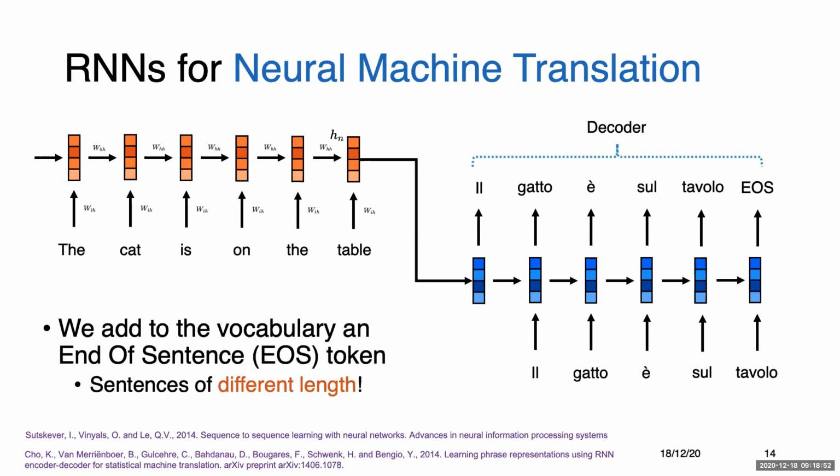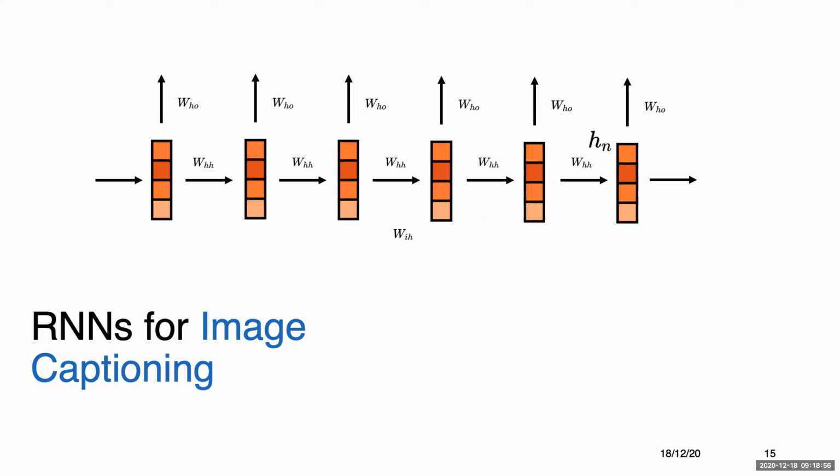So let's see a few more examples, probably the funniest one: RNNs for image captioning. Now that you have understood the rationale of the recurrent unit applied at every time step to a sequence, we can play with the input. For example, we can choose a different input, so the input doesn't have to be a sequence.